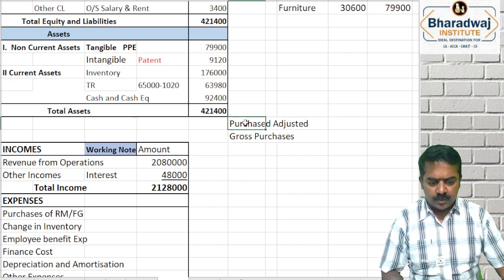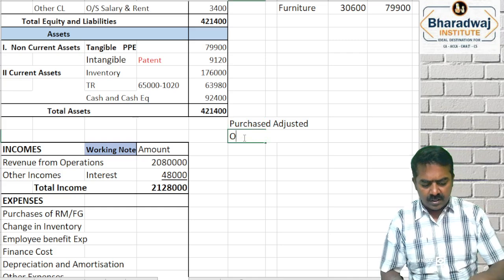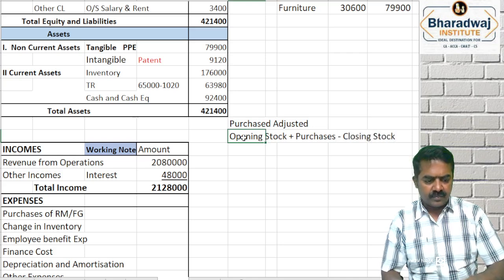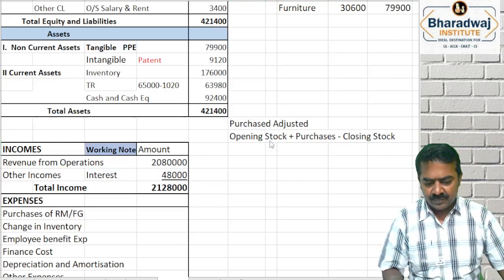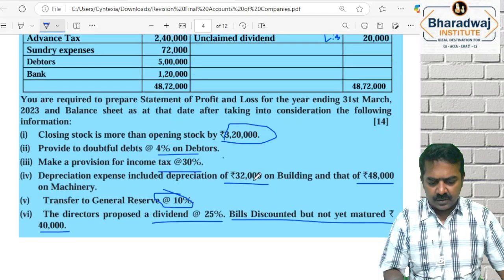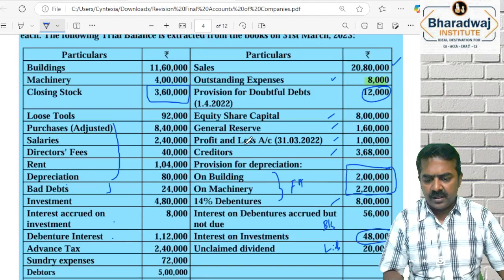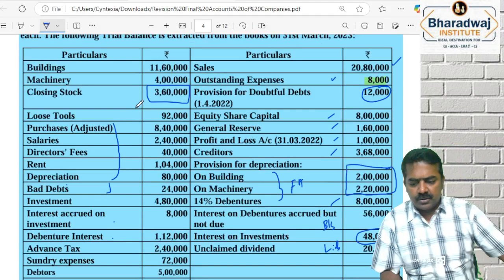Purchase adjusted means they have adjusted like this: opening stock plus purchases minus closing stock. Actually, this is unnecessary explanation, but anyway. It is given in the question. Closing stock is more by 3,20,000. Then how much would the opening stock be?